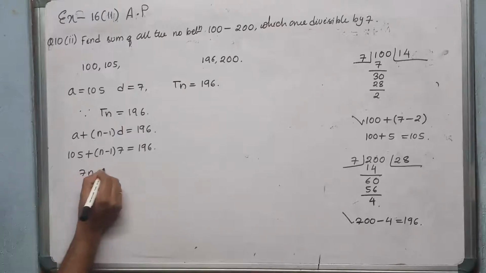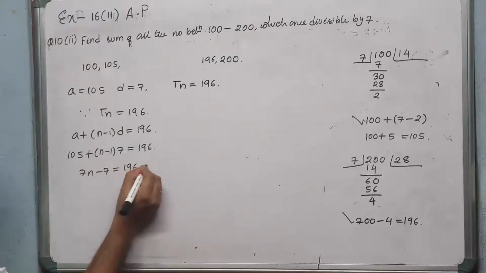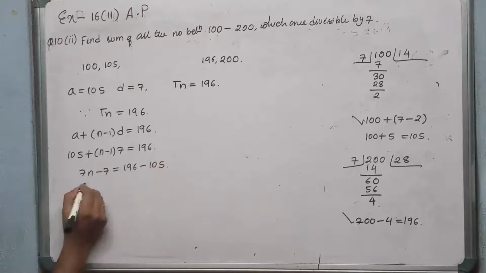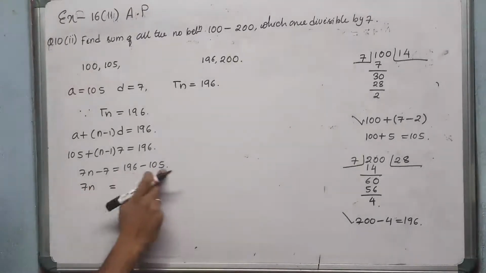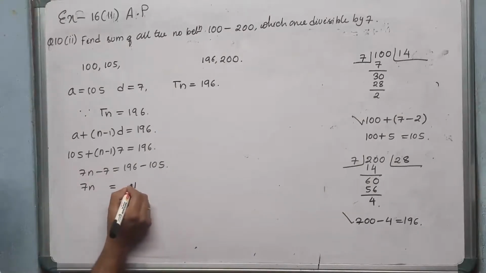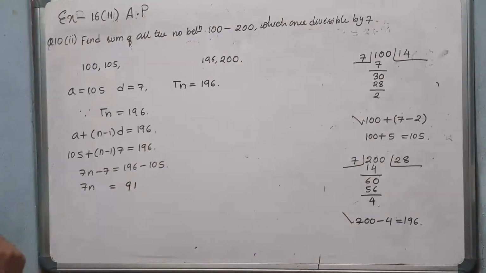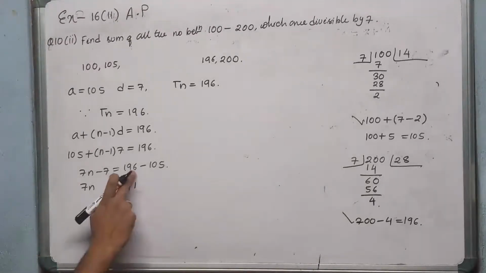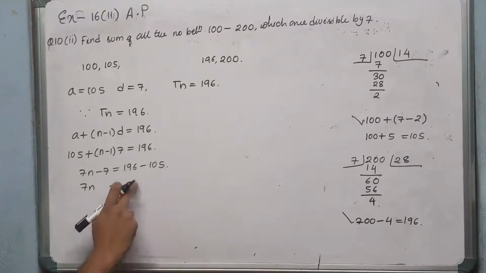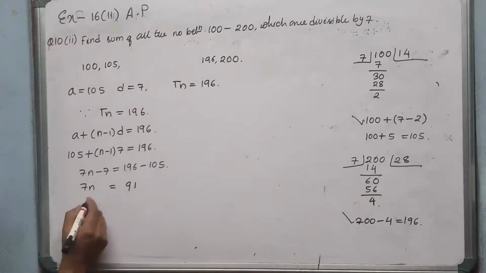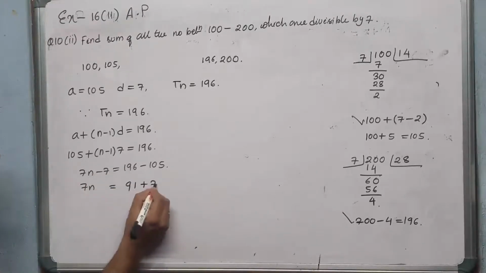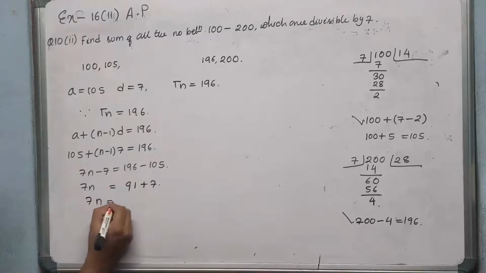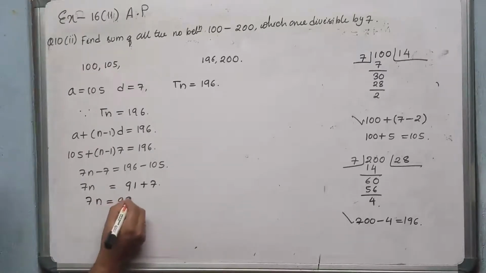Now this is 7n minus 7 is equal to 196 minus 105. 7n is equal to, now subtract this, it is 91. Then I'll bring this 7 over here, plus 7. 7n is equal to 91 plus 7 is 98.